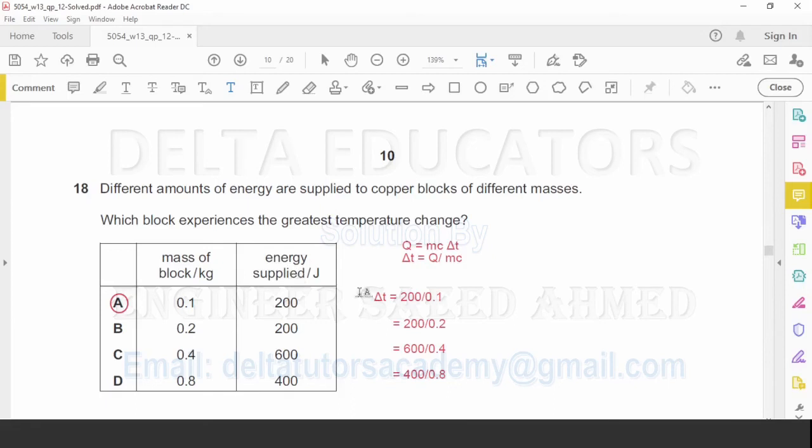In option A, the change in temperature will be equal to 200 over 0.1. When we solve this, we will get 2000. In option B, 200 divided by 0.2, we will get 1000. Solving 600 divided by 0.4, we will get 1500.